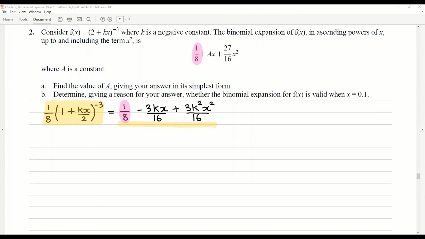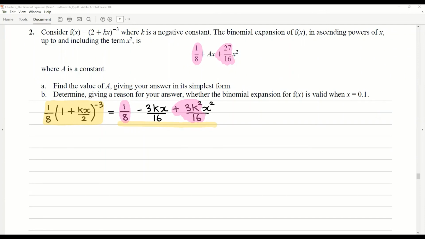Now, we can compare the a to the negative 3k over 16. That won't do us any good because we've got two unknowns. But what we can do is compare the 3k squared over 16 here with the positive 27 over 16 in the expression given. So I'm going to set up a little equation using these coefficients.